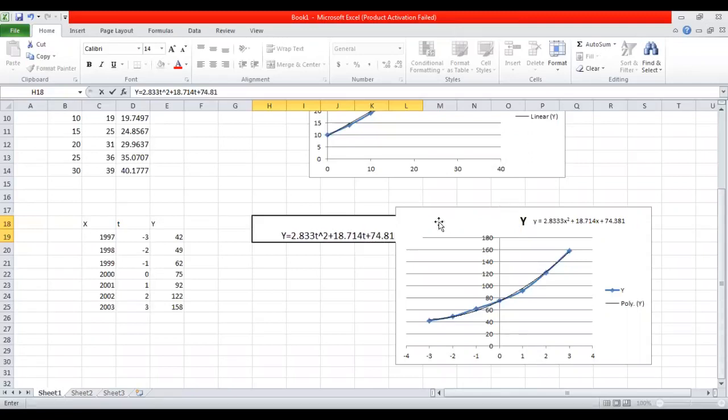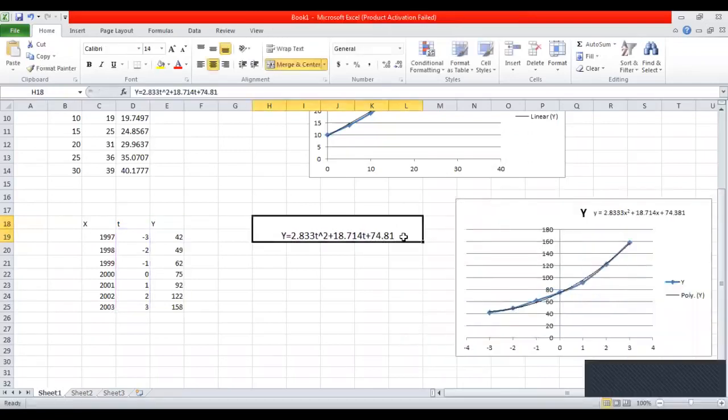So just for the easy values, we have converted x values to t values and found this equation. Here what is t? T is nothing but x minus 2000. That is 1997 minus 3, all those values.